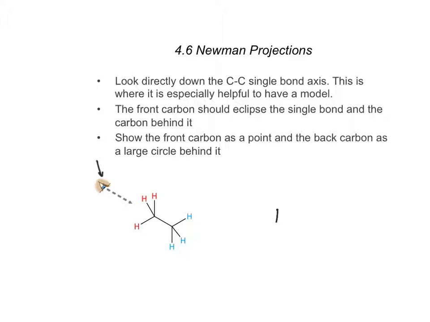So I'm going to go ahead and draw that. We've got a hydrogen here. Now where are these two hydrogens going? One's out to the right and one's out to the left, if I'm looking at this guy this way. So I'm going to draw one out to the right, one out to the left. So this is the front carbon that we are looking at.